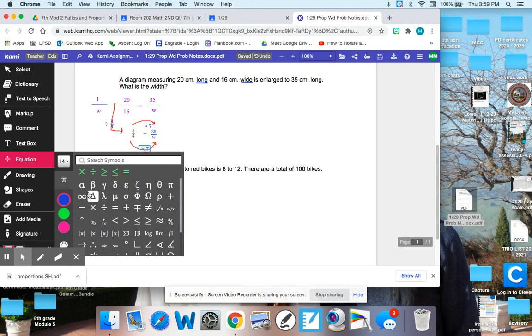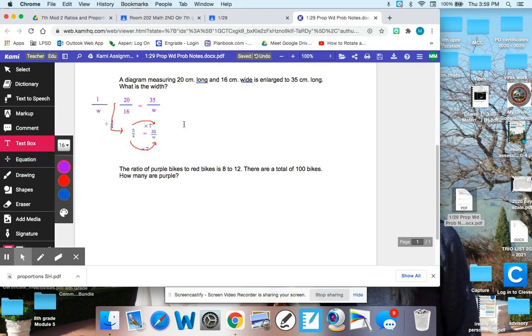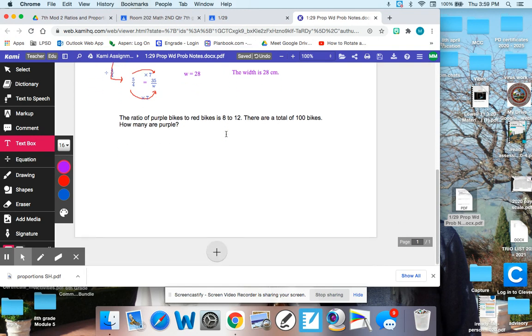And we know that 4 times 7 is going to equal 28. So W equals 28. So our final sentence will be the width is 28 centimeters. Put a T there, make that a capital T. All right, 3 problems. 1 more to go.